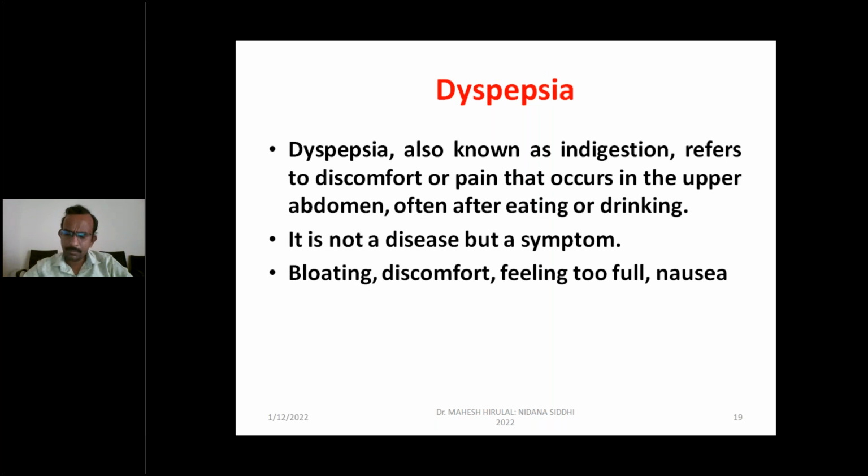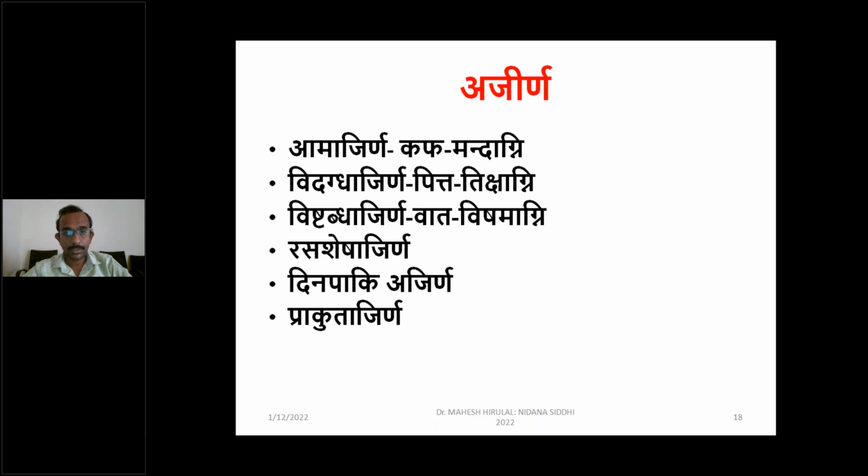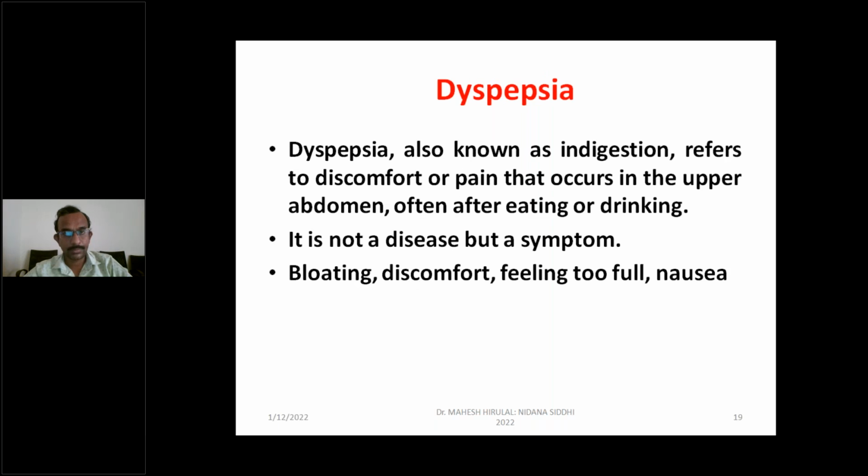Ajirna is the most common symptom we can see in any person, or in a person having any disorder. You can see the Ajirna lakshanas, and we need to understand whether it is due to kapha, pitta or vata, and according to that our treatment protocol will change. Coming to the modern understanding of Ajirna, it is a very simple symptom.